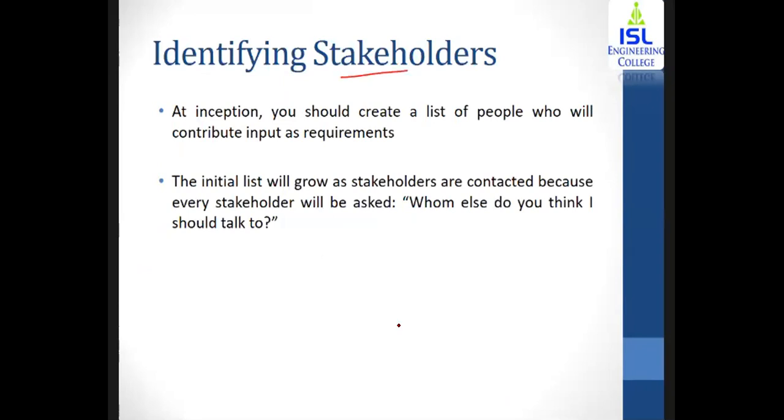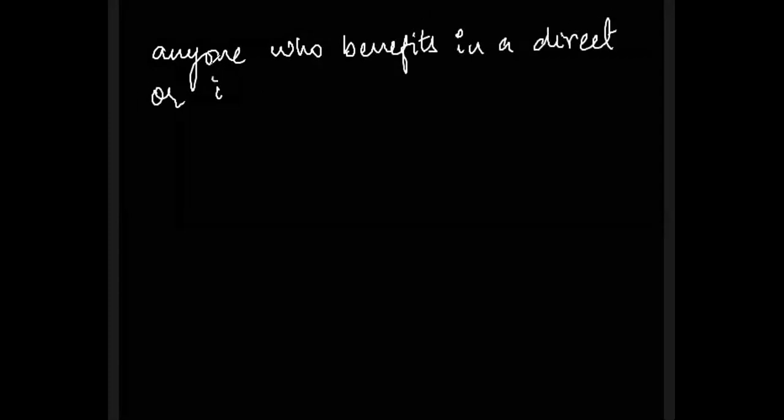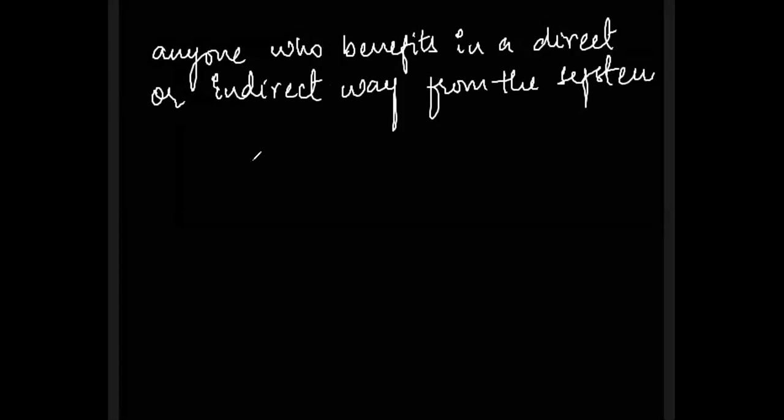Now, what are stakeholders? The definition for stakeholder is anyone who benefits in a direct or indirect way from the system which is being developed.